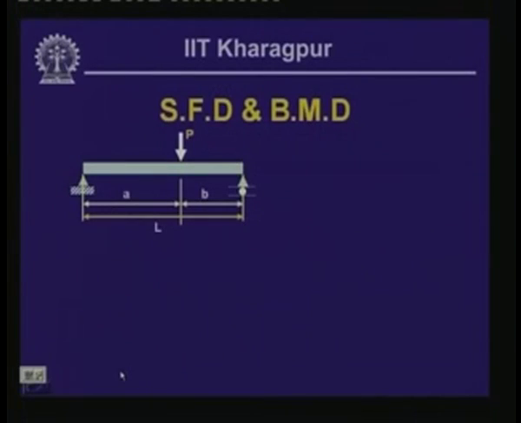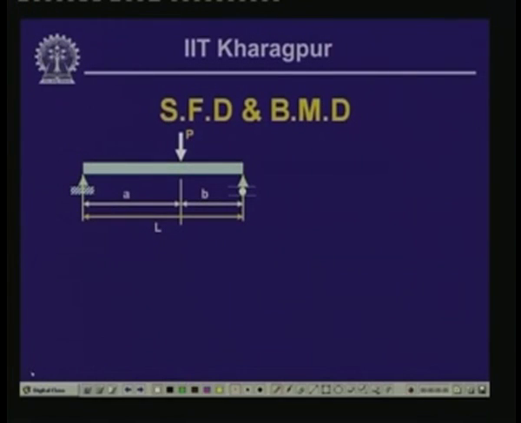We will look into how we can evaluate the values of shear force and bending moment and how we plot the diagrams. Now, let us start explaining how to plot the shear force and bending moment diagram through this particular example.